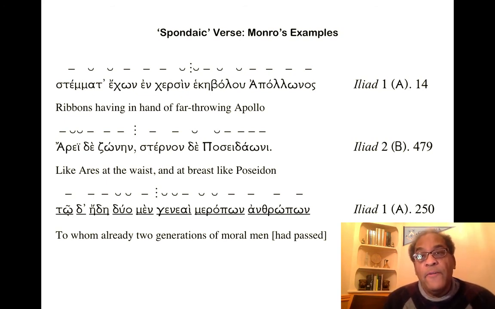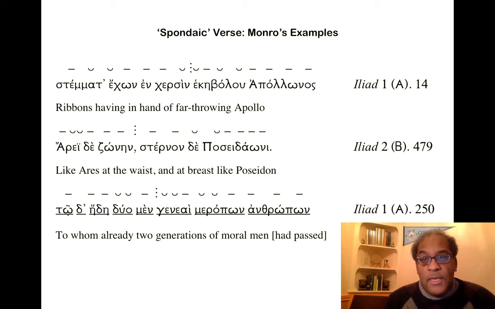We have the name of a god with 2 spondees. There's always some reverence, or just a slower solemnity, attached to the name of a god. So this is not uncommon.